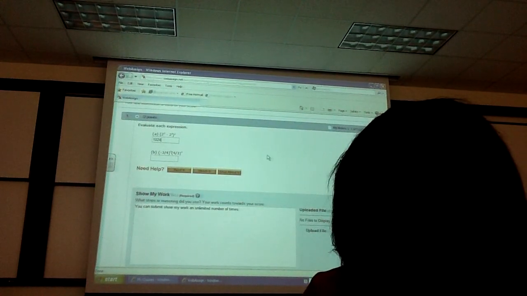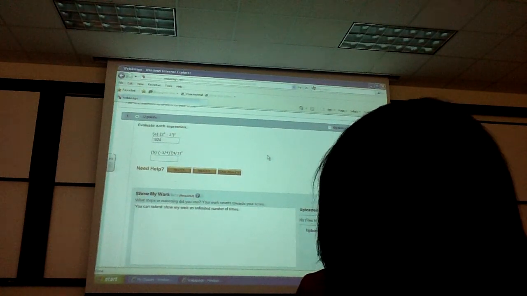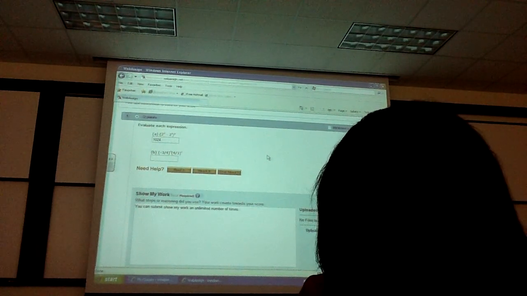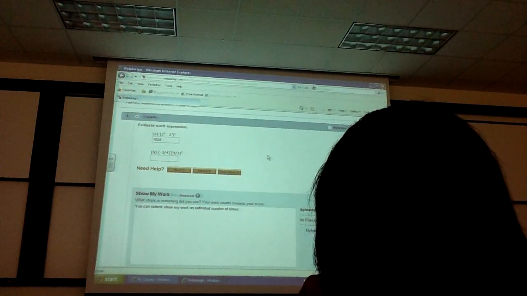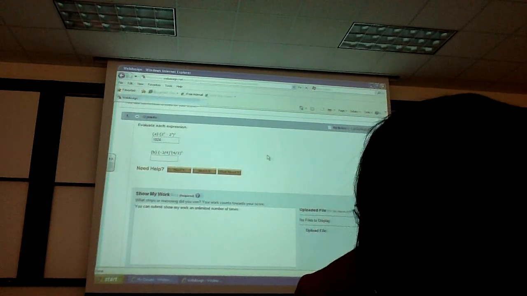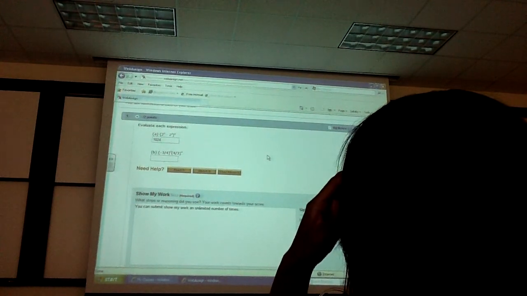All right. This guy, negative 3/4 cubed times 4/3 squared. Great, I just started to feel good and then put some fractions in.